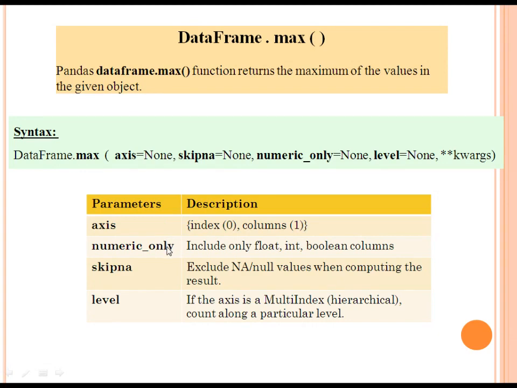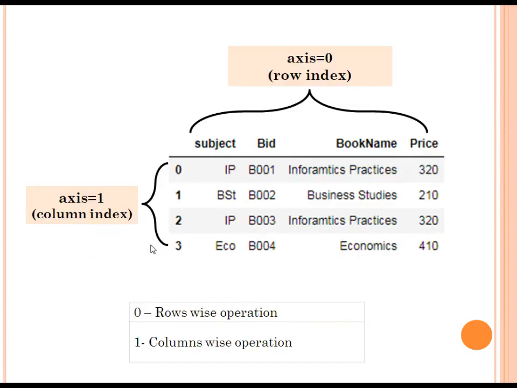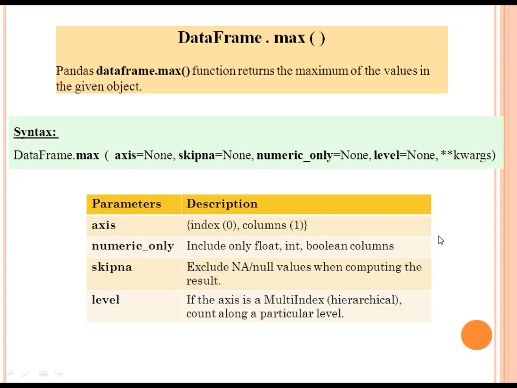Second one is numeric only. This parameter is used to fetch only the numeric values from the data frame. In our data frame, we have 3 string columns, subject, book ID, and book name, and 1 numeric column. So numeric only will take that column only. Clear? Next, the skipna parameter is used to exclude all the NaN values from the data frame.